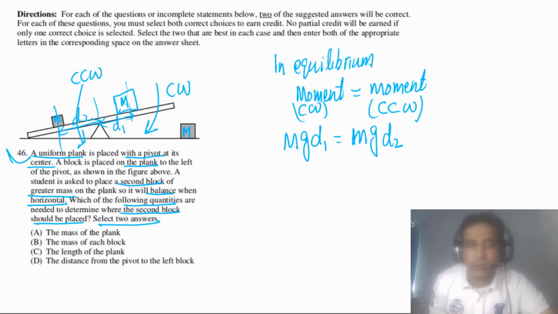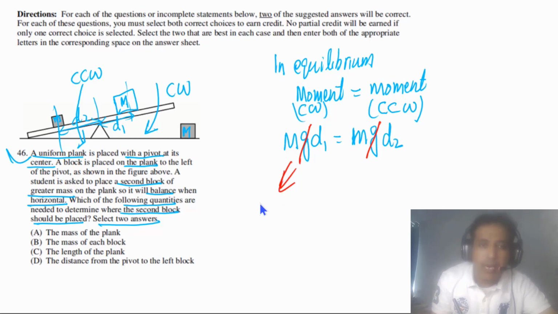So we need to consider two things in this case. g will be cancelled. So we have to consider the mass of each block to balance this block. We have to consider this mass, and we also have to consider this mass, the mass of each block.